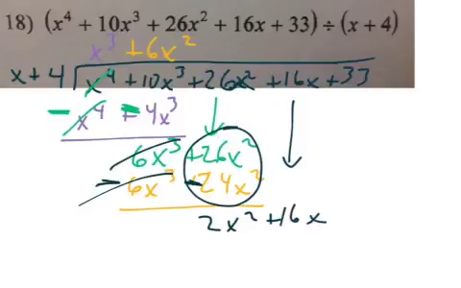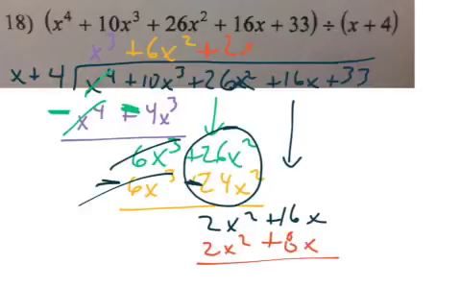So what would be next? Well, let's go with red here. I'm going to take the x now and divide into 2x squared. Well, that's a positive 2x, because I'm going to end up with 2x squared plus 8x.